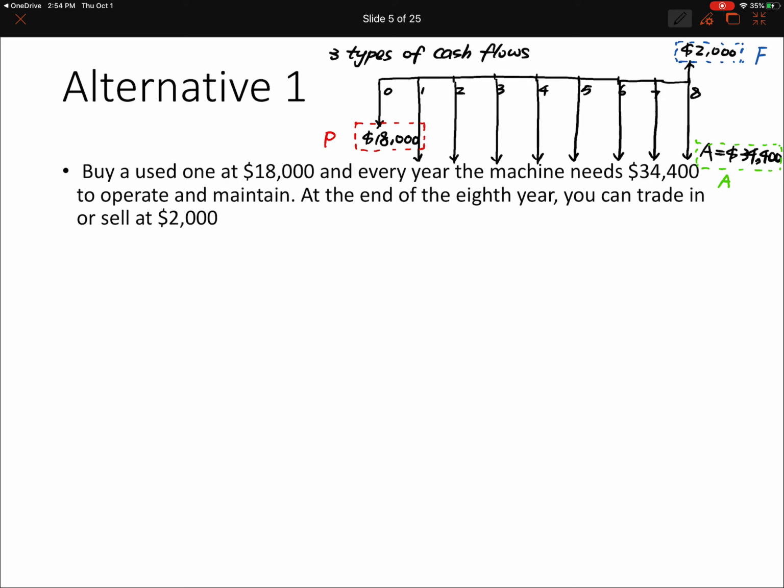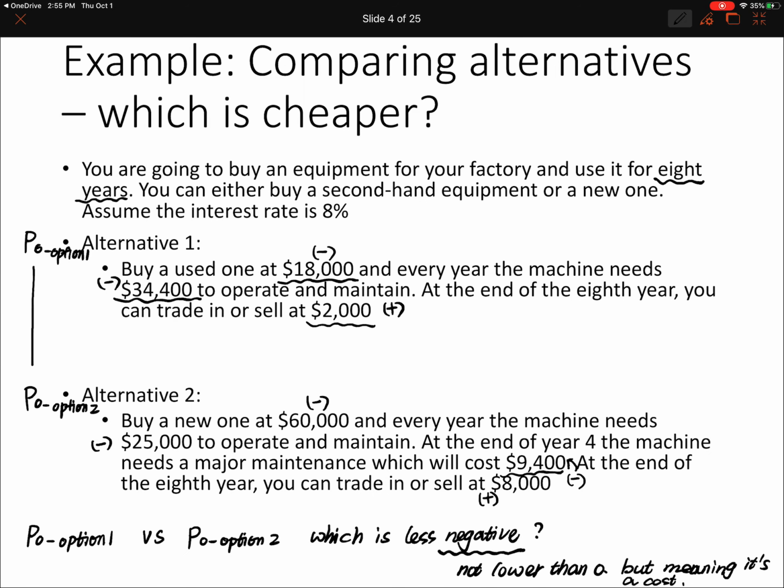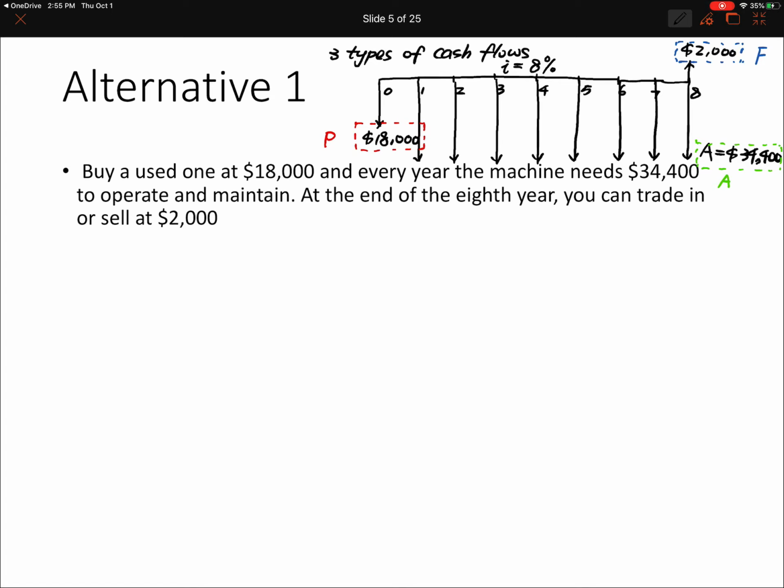Okay, and then you want to convert all the 3 cash flows back to a present time. So now what you want to look at is, wait a minute, so we need to write the interest rate, which is 8%. That should be given in the problem statement. Yeah, it's 8%.